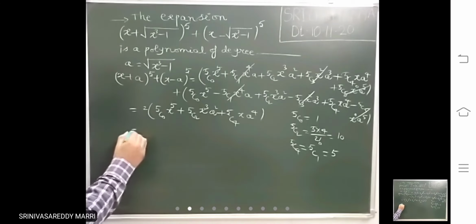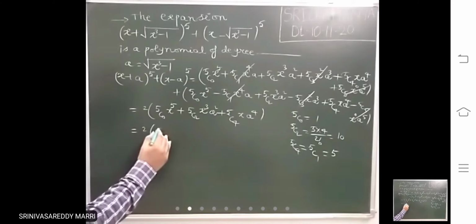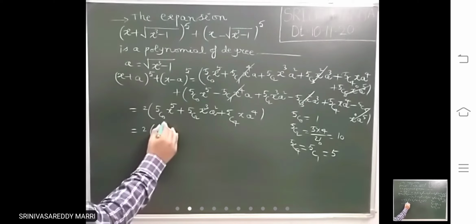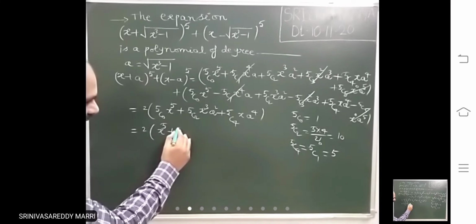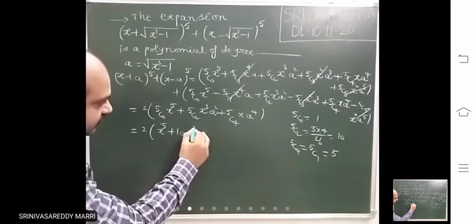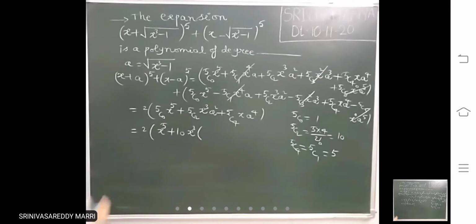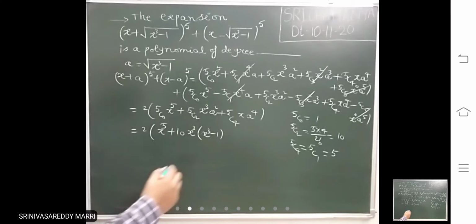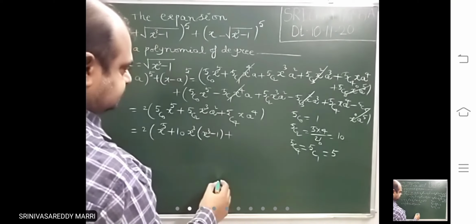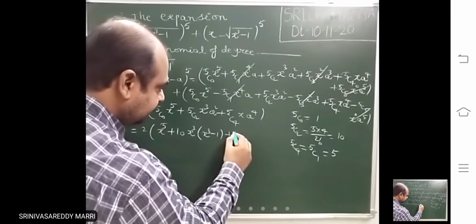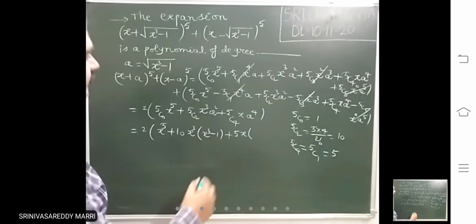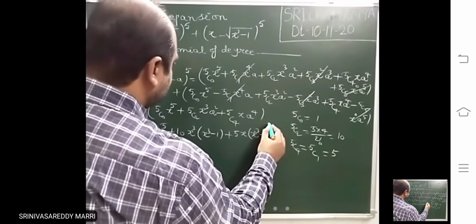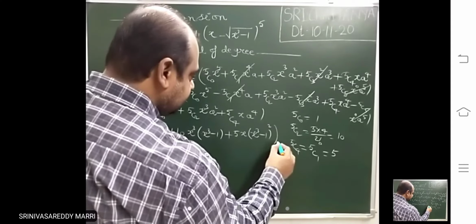So substitute that. 2 into 1 x to the power 5 plus 5c2 is 10 x cube into A square. A square means the root will be gone, x cube minus 1. Plus 5c4, that is 5 x into A power 4, which means (x cube minus 1) whole square.